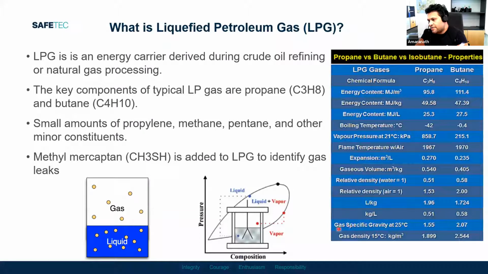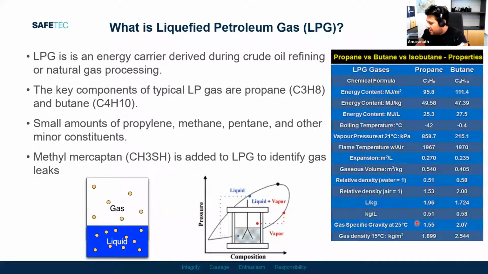When it comes to the weight of the gas, propane has a slightly lower density compared to butane, but both of these gases are heavier than air.